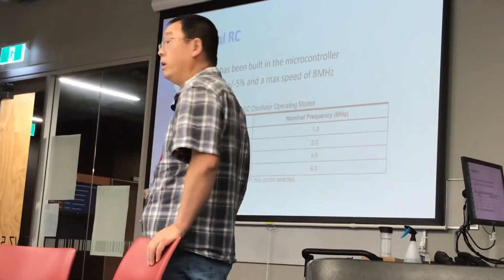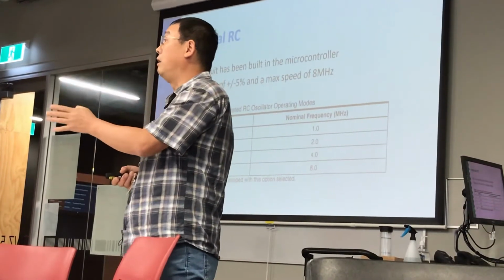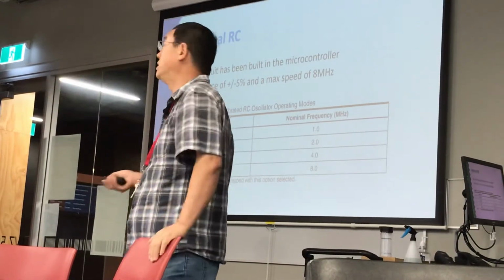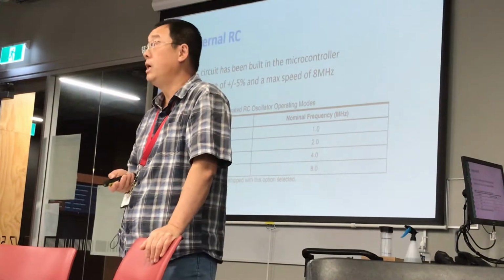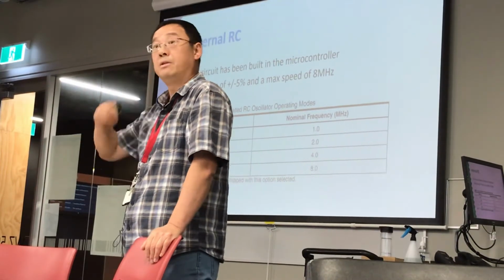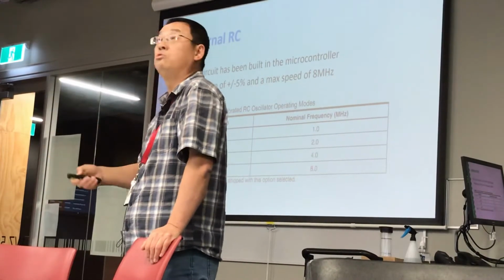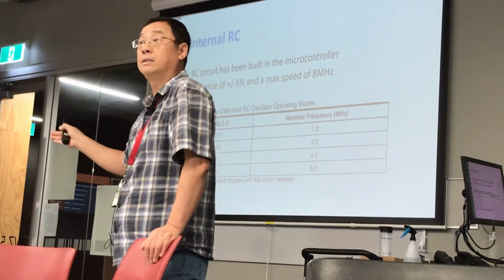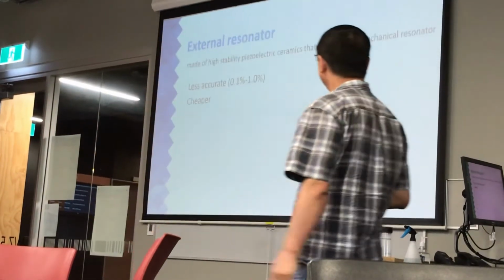But the trouble is you have to make sure your internal RC clock is set to the speed you want, which is 8 megahertz instead of 1 megahertz. If you don't program the field speed, you're going to have this problem. How to program the field speed, I'm going to talk about in the next lecture. Okay, that's next one, field speed.